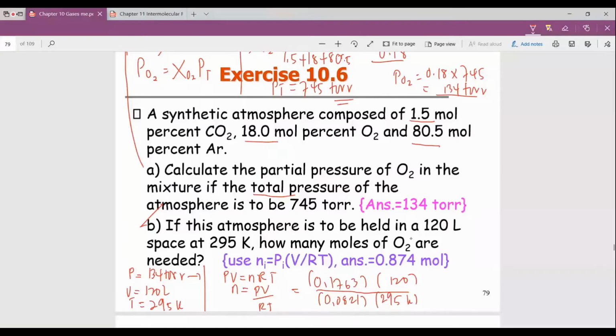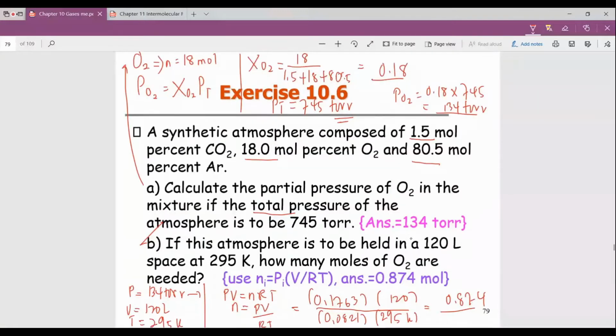So directly you get the answer, 0.874 mole. Any question?